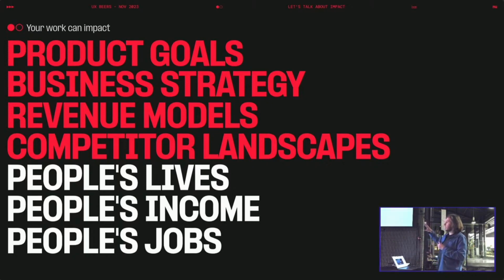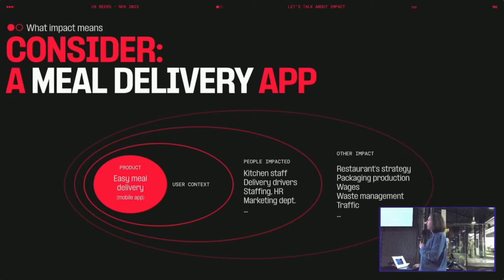And what's interesting about this is if you take that into account when you're building things, your perspective changes. For example, a meal delivery app, a really everyday thing. Because it exists, kitchen staff are impacted, delivery drivers are impacted, HR departments and marketing departments need to change the way they do things. On top of that, restaurants' entire strategies may change because suddenly their income depends on these delivery drivers and all the food that's being ordered.